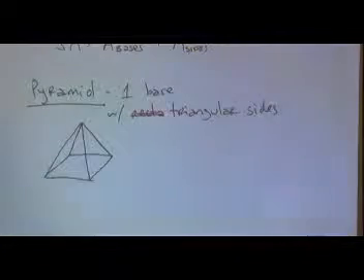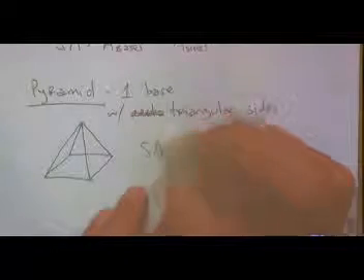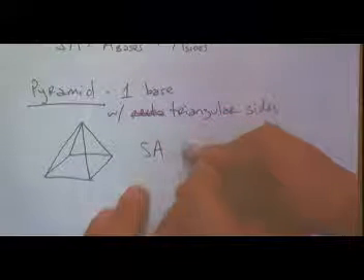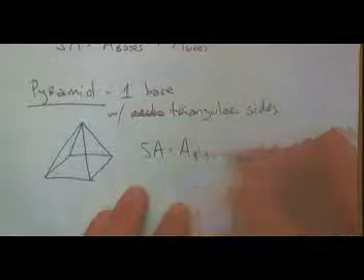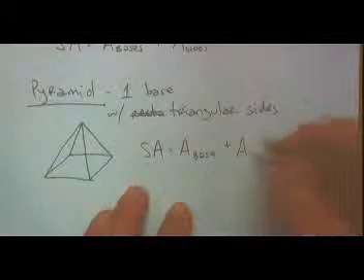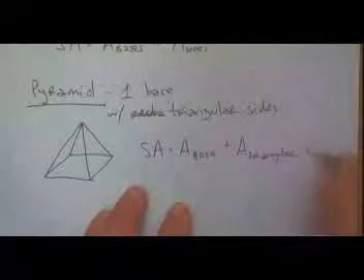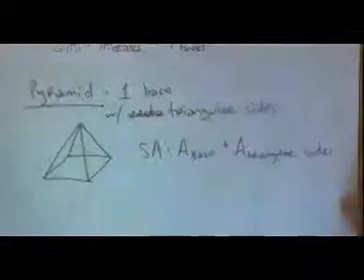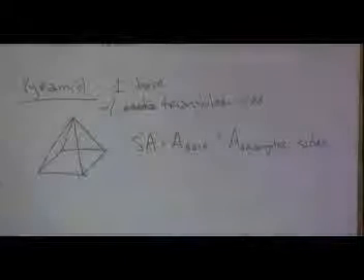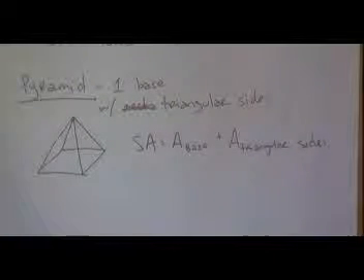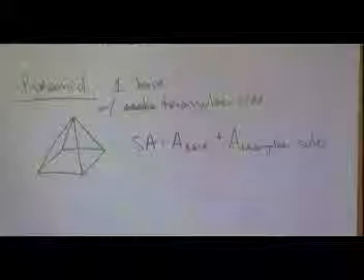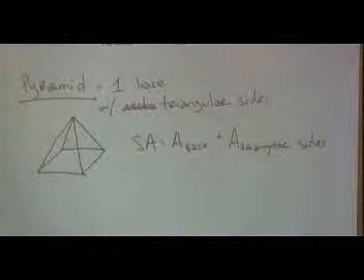So the surface area is going to be equal to the area of the single base plus the area of the triangular sides.